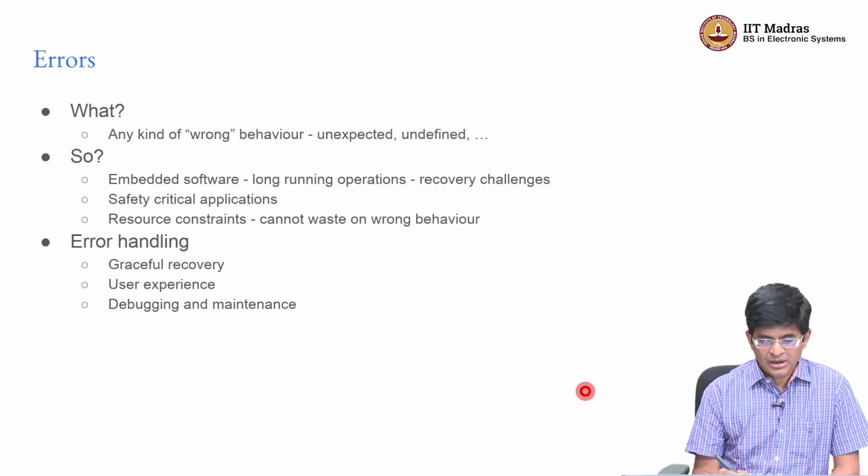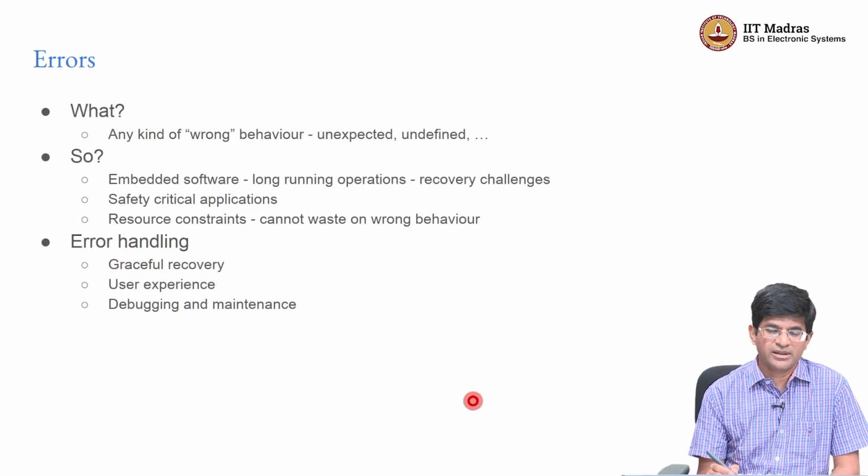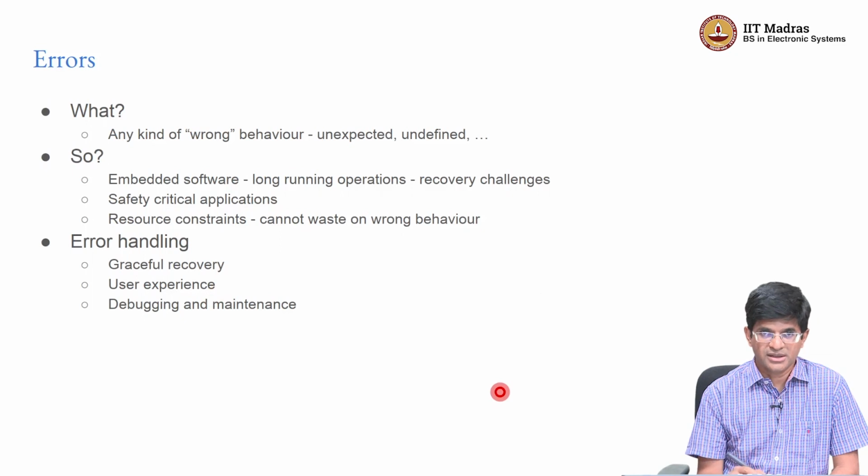Now, there are a few highly desirable characteristics of error handling systems. One of them is what's called graceful recovery. If an error happens, how do you recover from it and still keep the system going in some way? The overall user experience, what happens to the user who is actually trying to use a system when an error does occur, is a key consideration here.